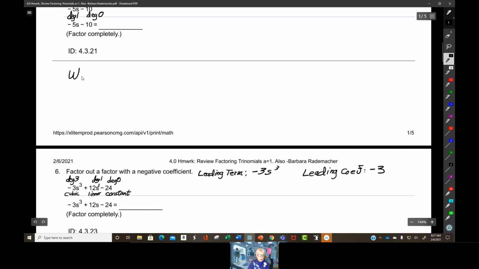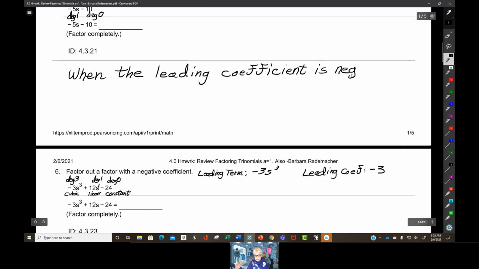When the leading coefficient, number in front of the leading term, is negative.